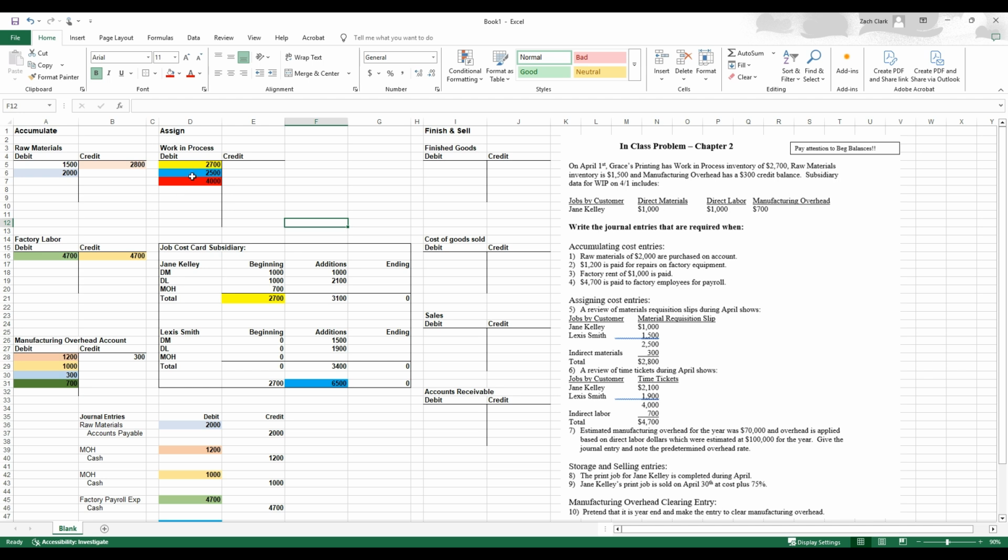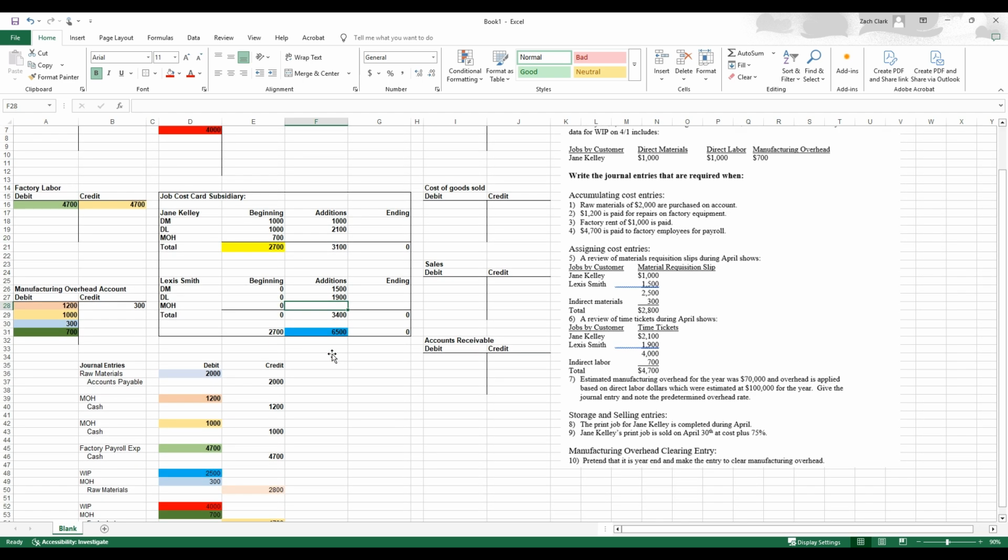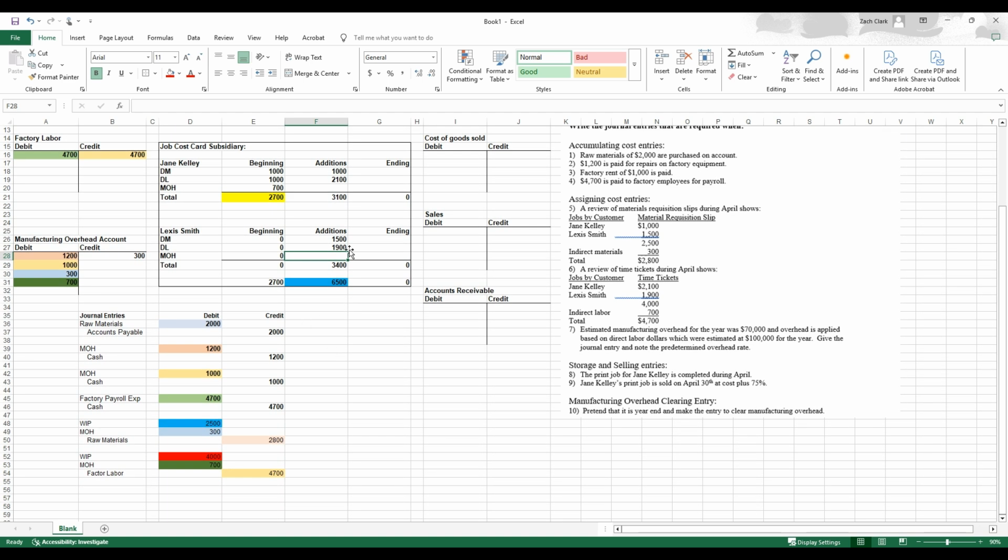Okay, so now we've got a bunch of work in process. And then the last piece that we need to add is just the manufacturing overhead applied. So not the actual manufacturing overhead, but the amount applied using our predetermined overhead rate.